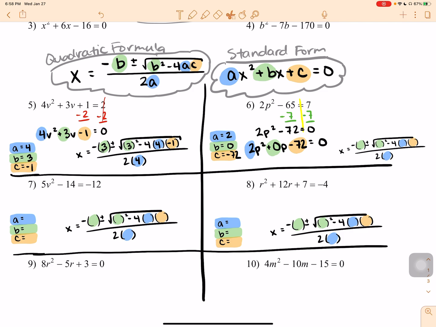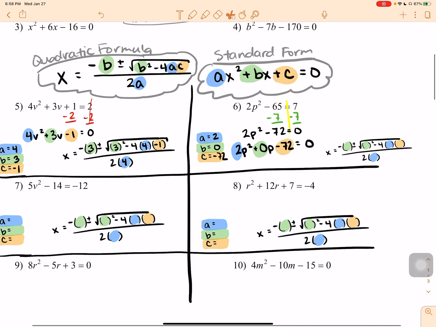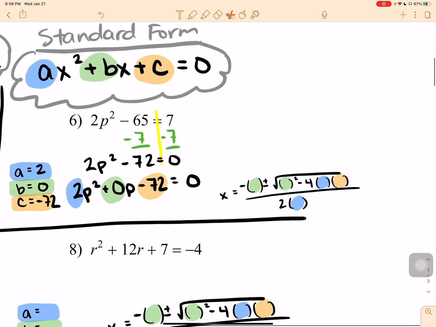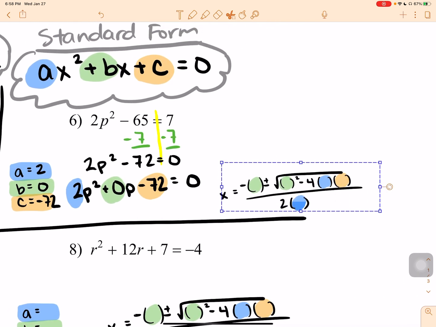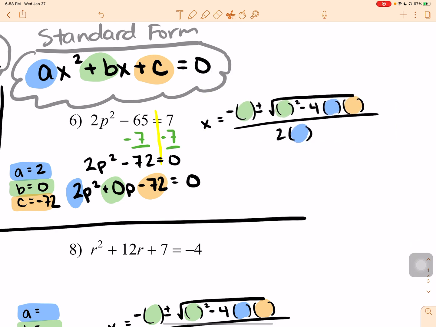So over here I have my quadratic formula. So my b is 0, a is 2, and then negative 72 for the c. Negative 72.